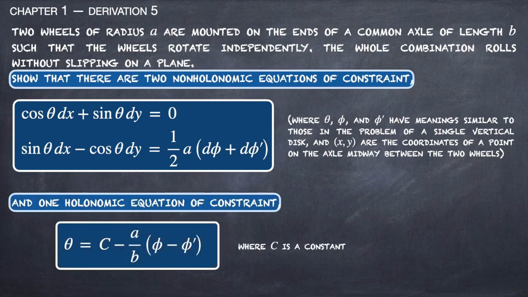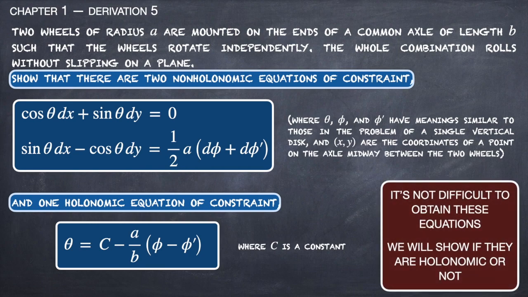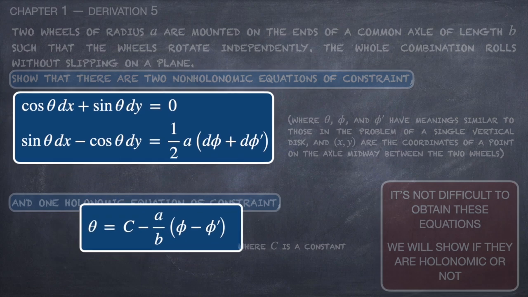All the coordinates x, y, theta, phi, phi prime, and these constants c, a and b, they are described in the problem. It's not difficult to obtain these equations. What we are going to do is to show if they are holonomic or not.